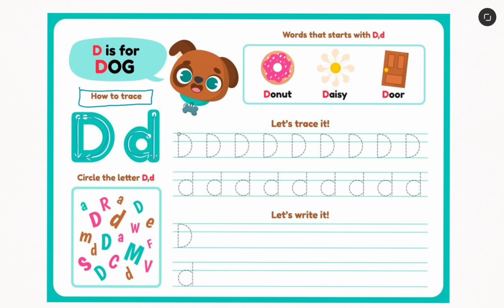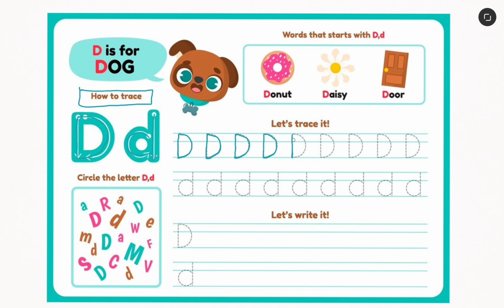So we start by drawing from top to bottom, and then we curve it like this. Very good. We repeat the same thing, top to bottom, and then we do a small semicircle. Very good. Top to bottom, then we curve it like this.